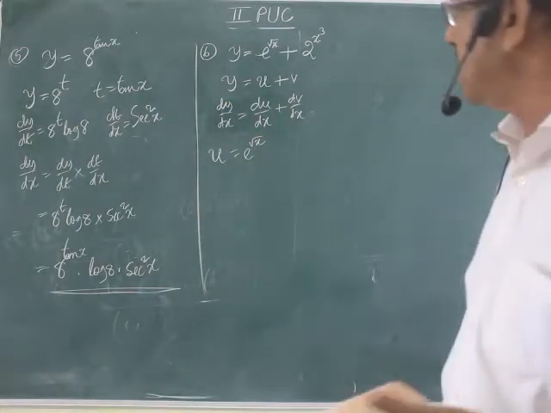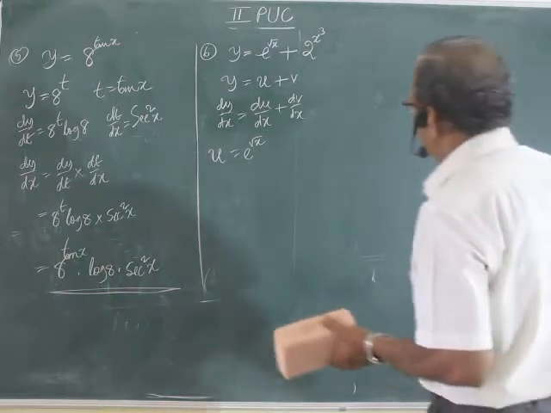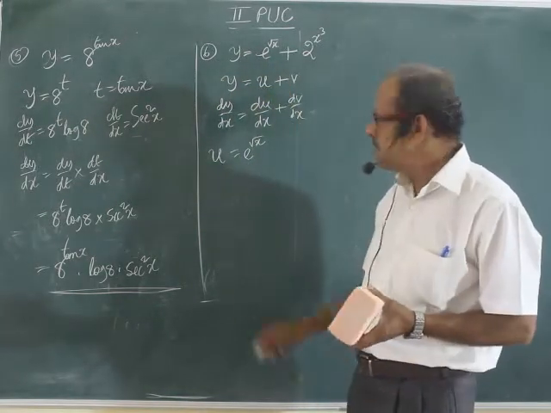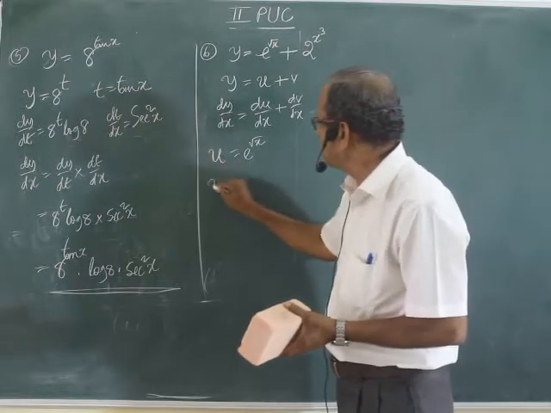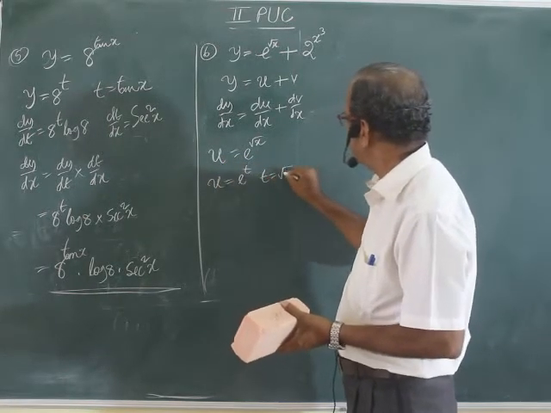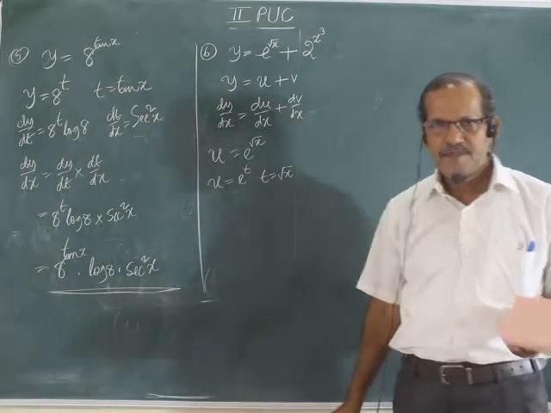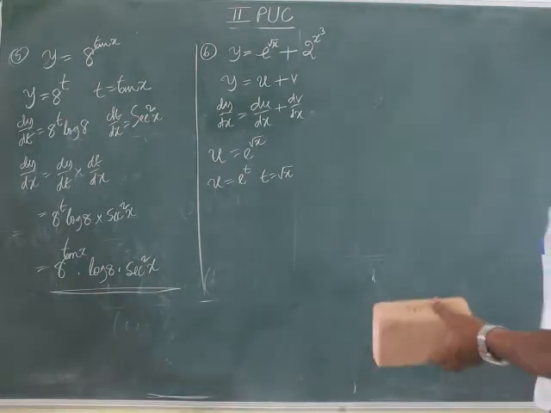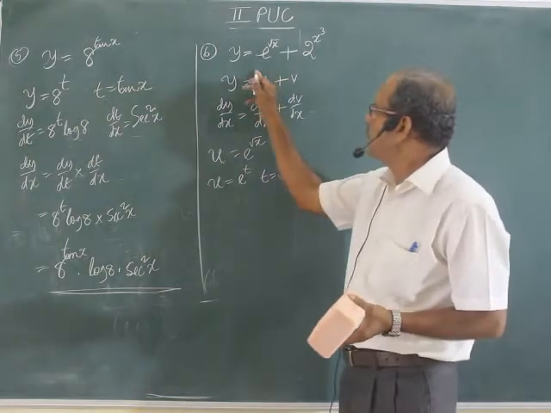You must find the derivative of u in order to find dy by dx because it is sum of two functions. U equal this means purely chain rule, e to the power t, t equal to root x. Write all these steps so that you understand the chain rule.